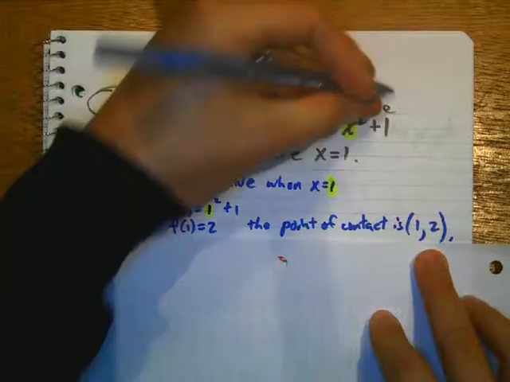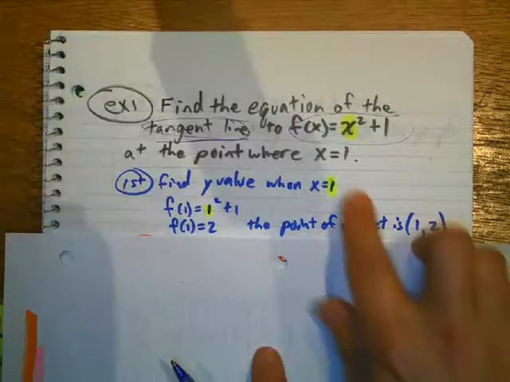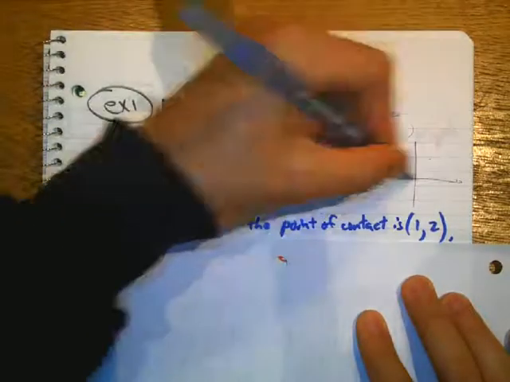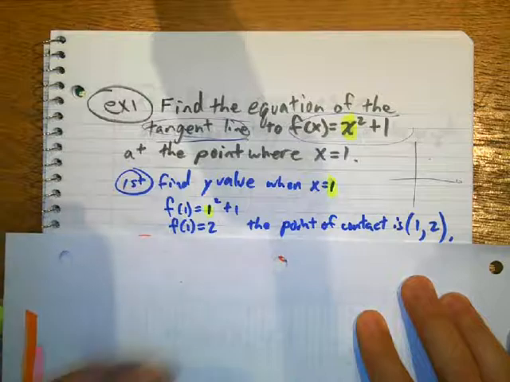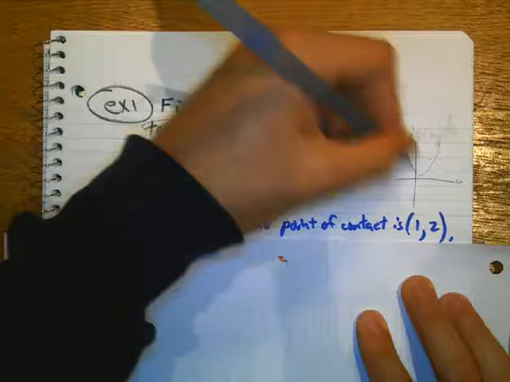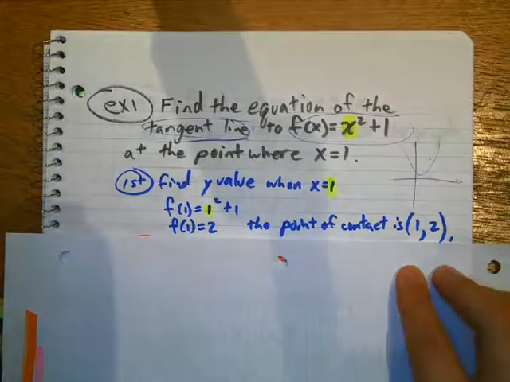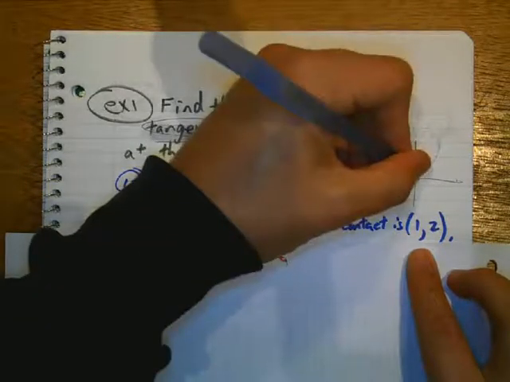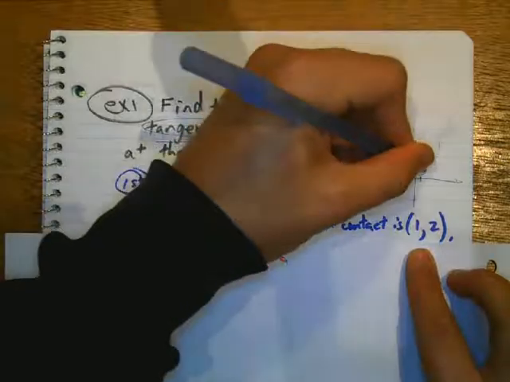So let's just think about this for a second. This is a parabola plus 1. So we've got a parabola here. Okay, and when x is 1, y is 2.